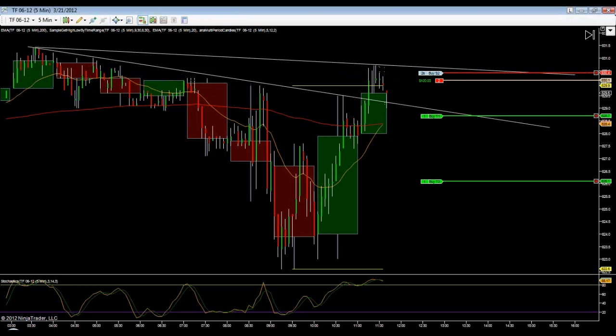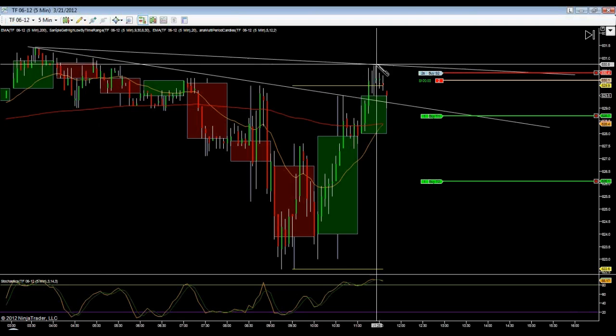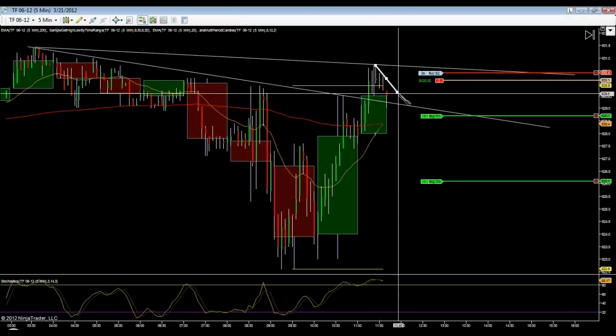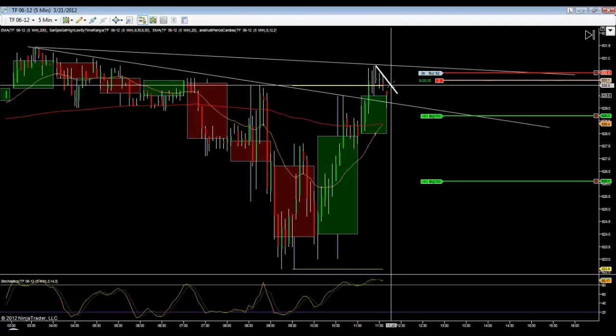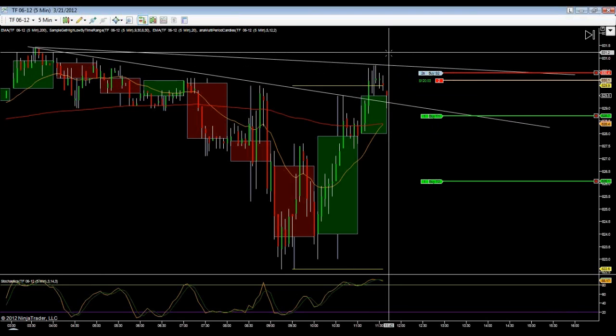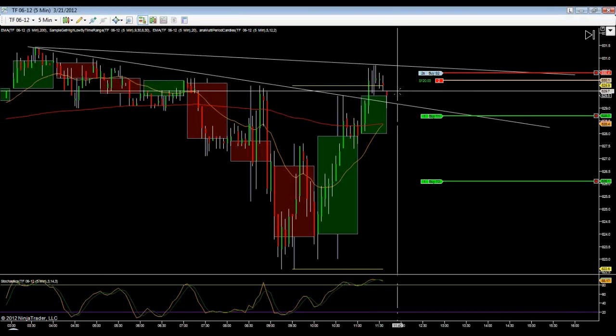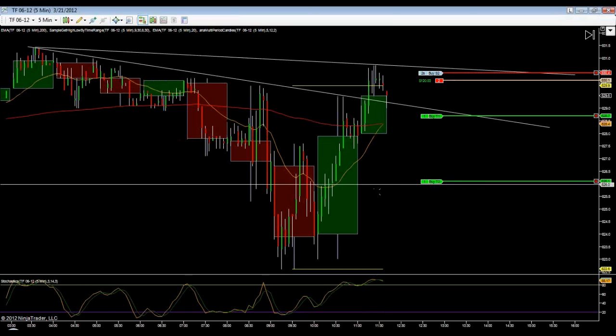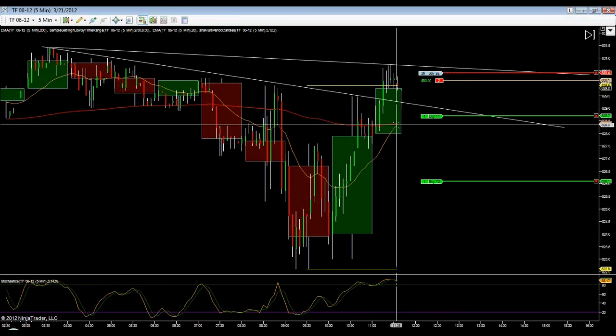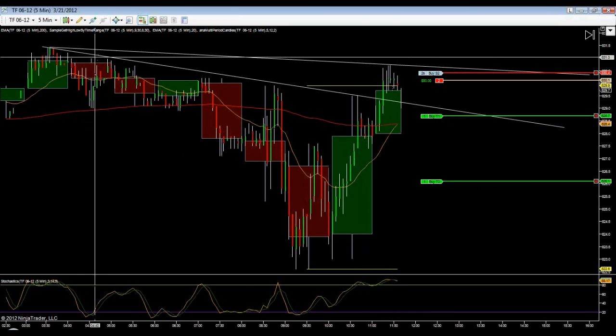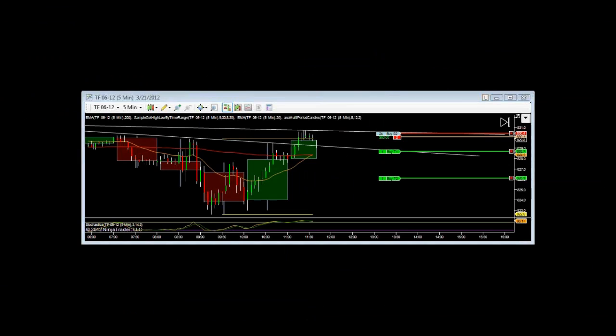We know that if we get above this, chances are we'll have surpassed any type of trend line of resistance that may have existed there. So we'll watch this. You can see how the moving averages here are now converging. Now y'all can probably see that much clearer, what I was talking about before.